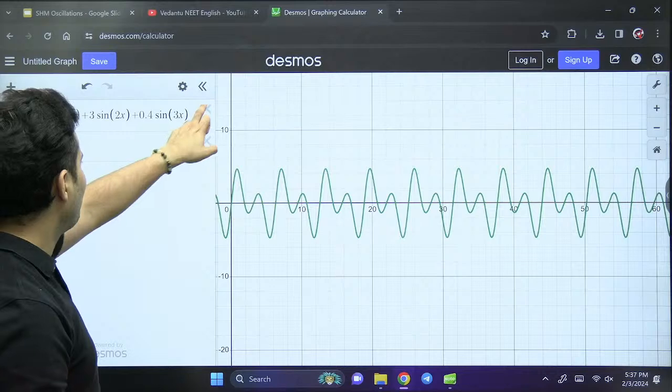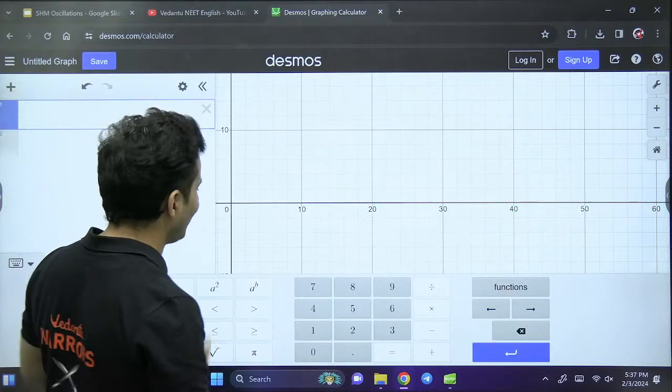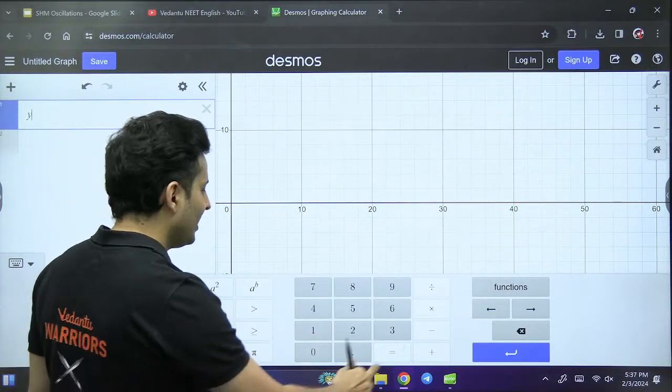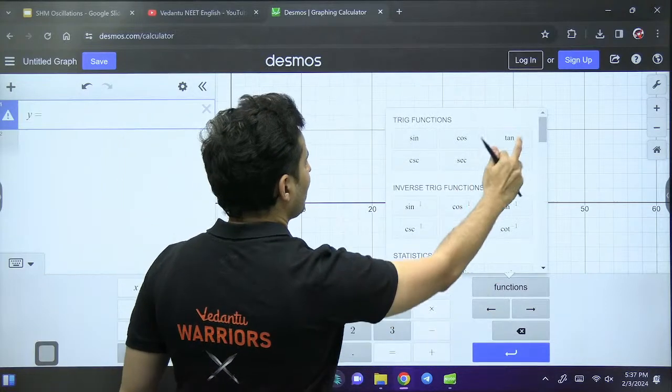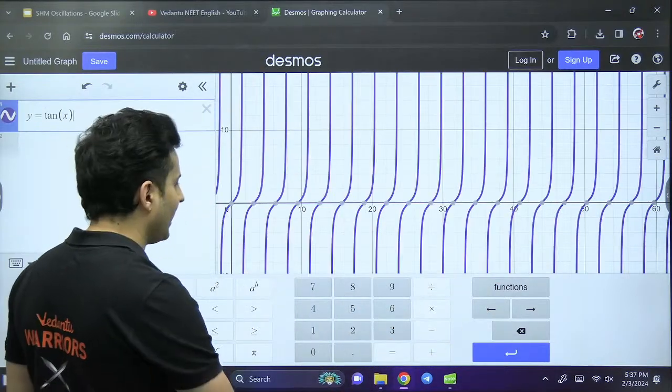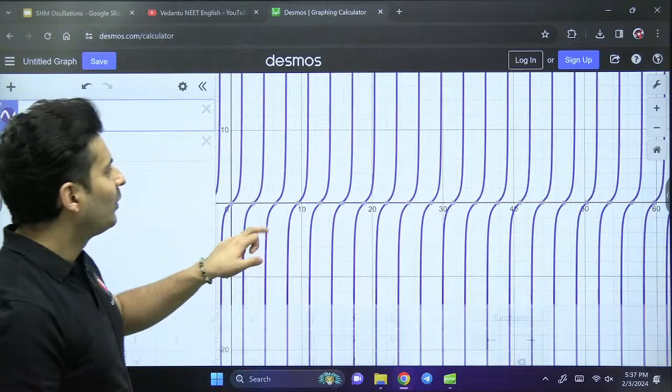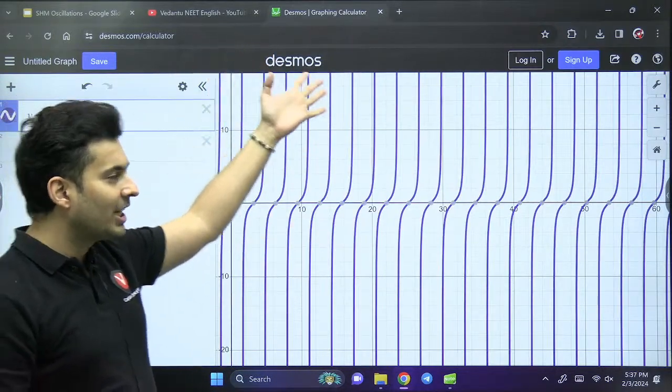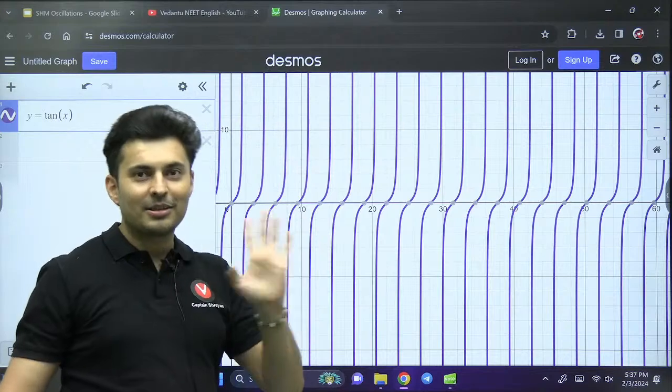Very good. Somebody is saying, sir, let's do tan also, sir. Let's get tanned. Why not? Let's try out tan also. Tan of x. Wow. Look at it. It is repeating, but there is a problem.